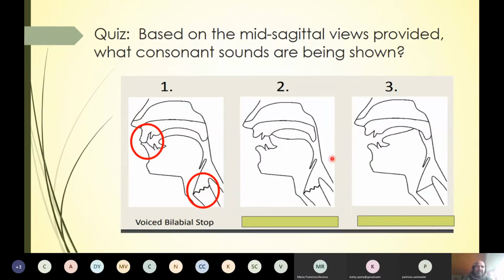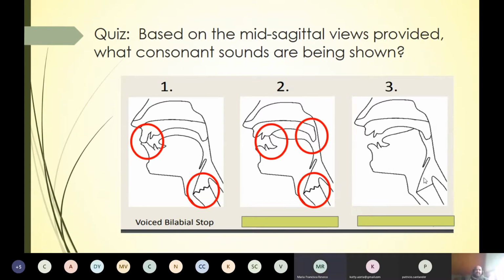What kind of consonant sound is produced? Here I gave you three clues. Any idea, guys?